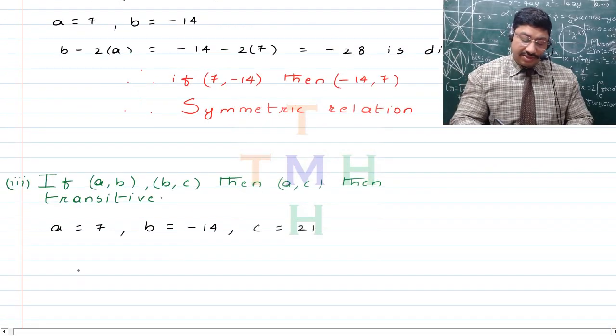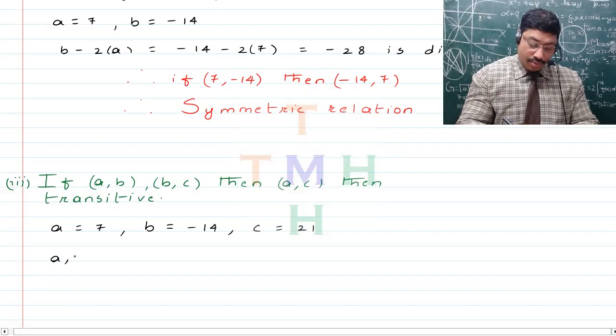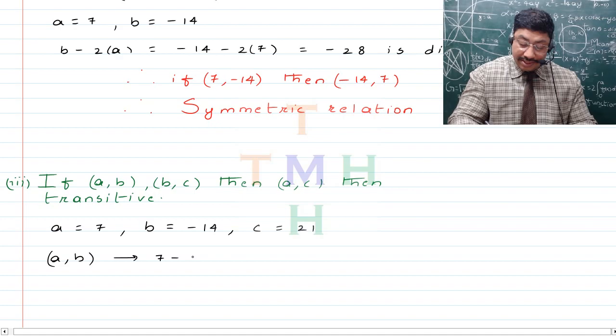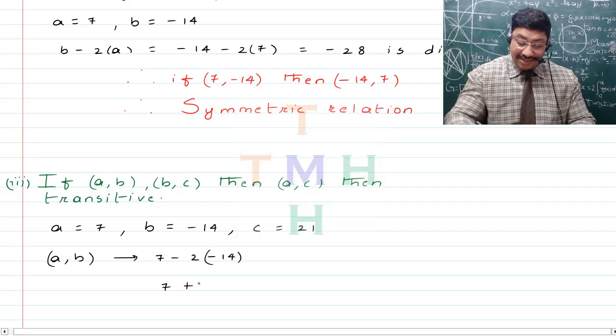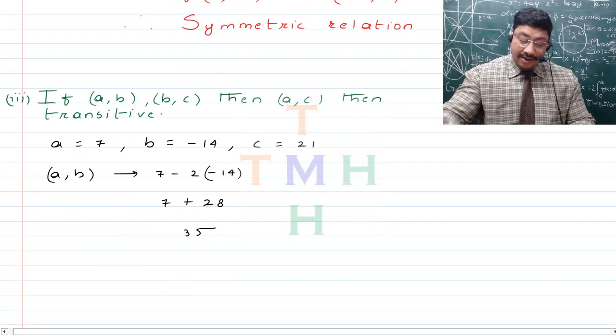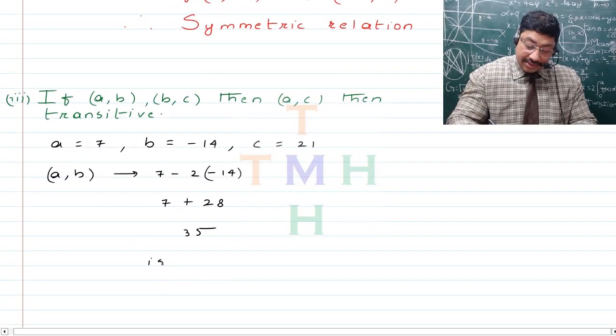So first for (a, b) we will have to check for a, which is 7, from which has to be subtracted 2b, that is 2 times minus 14, and we've already seen that this is true. So we have 7 plus, as minus minus becomes plus, 14 into 2 is 28, and 28 and 7 is 35, so obviously this is divisible by 7.